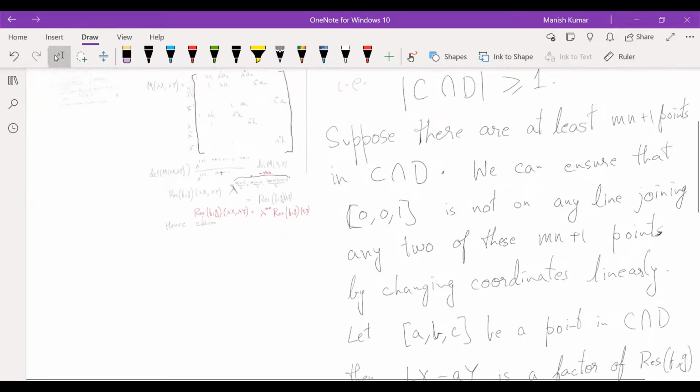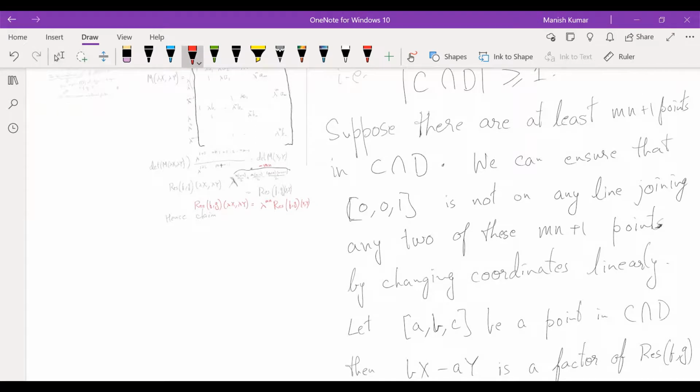So maybe I'll draw a picture here. Suppose there are so many points in C intersection D. Choose mn plus 1 out of them, any mn plus 1 out of them. Actually, let's do it slightly differently.